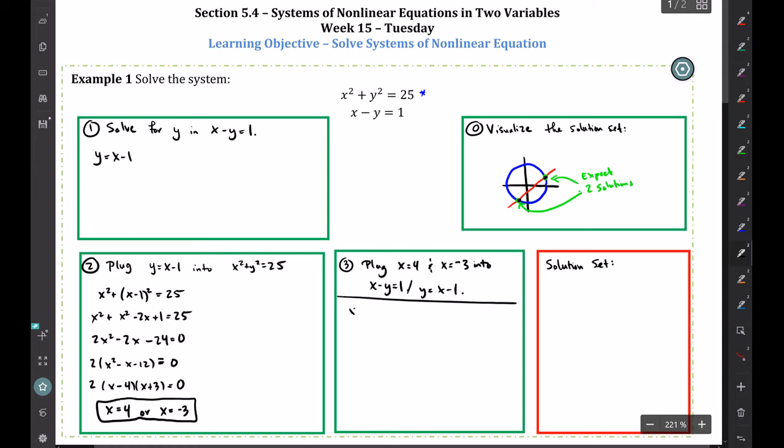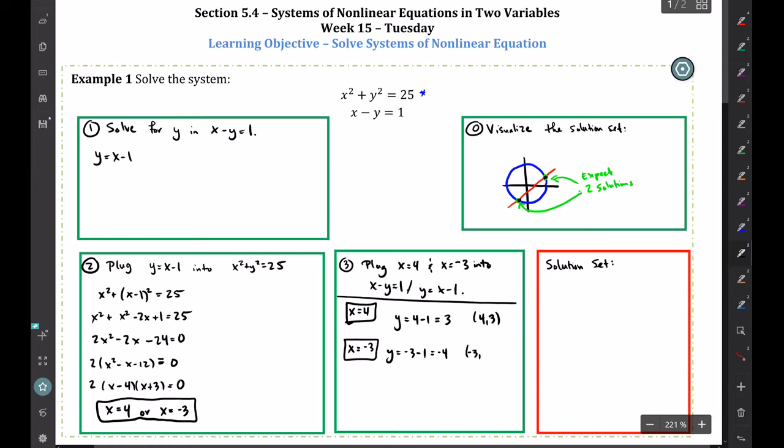Okay, so if x equals 4, I get y is equal to 4 minus 1, which would be 3. So that tells me that 4 comma 3 is a solution. And if x equals negative 3, then I get y is negative 3 minus 1, which is negative 4.